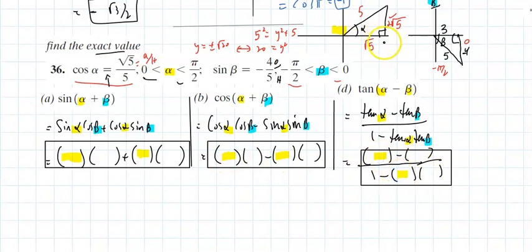I need the sine. Sine is opposite over hypotenuse. And I need the cosine, adjacent over hypotenuse. And tangent is the opposite over the adjacent.